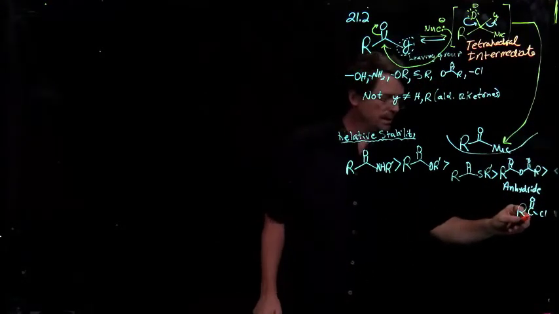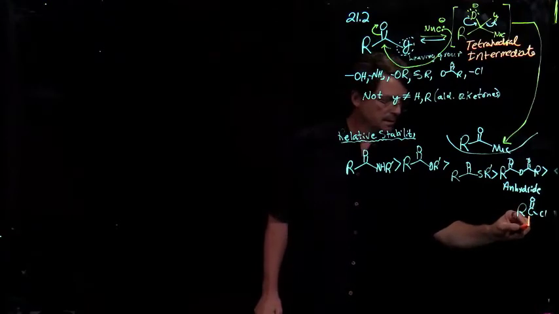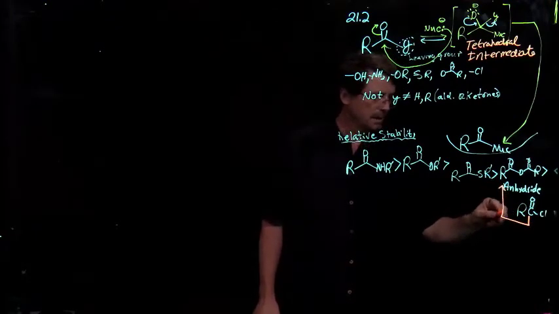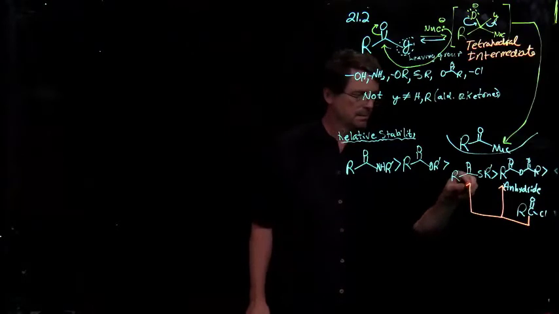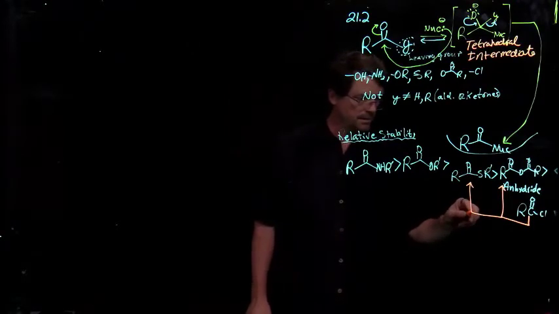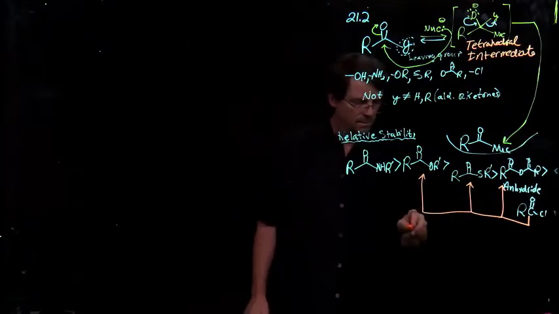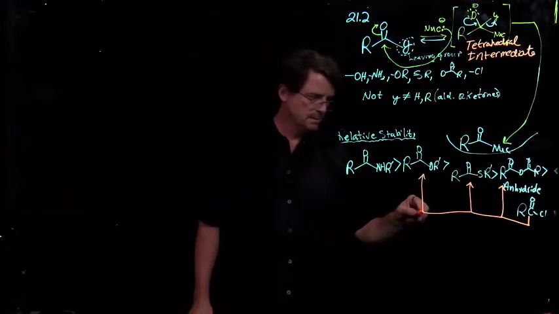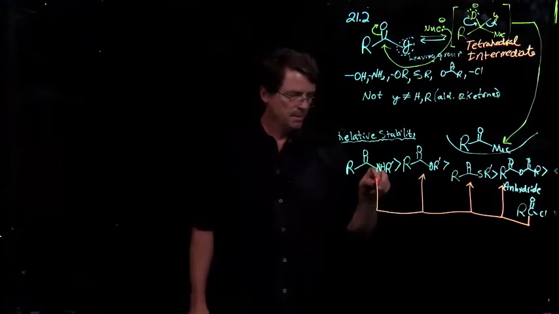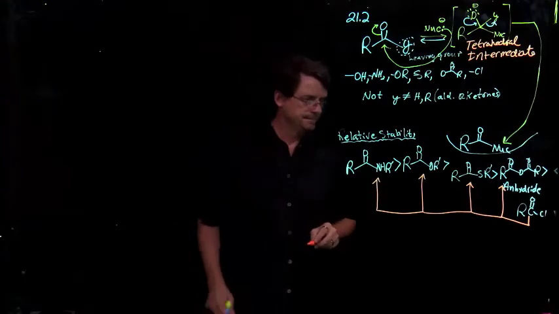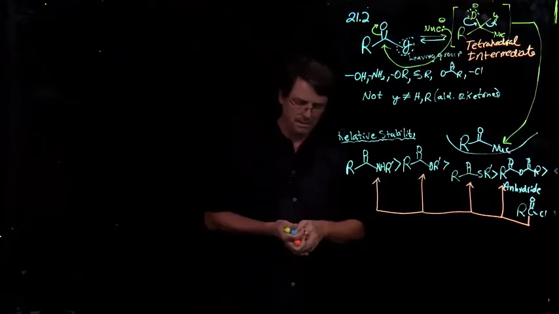So that means that we can readily convert an acid chloride to an anhydride, to a thioester, to a carboxylic acid ester, or to an amide. That's very straightforward and easily done.